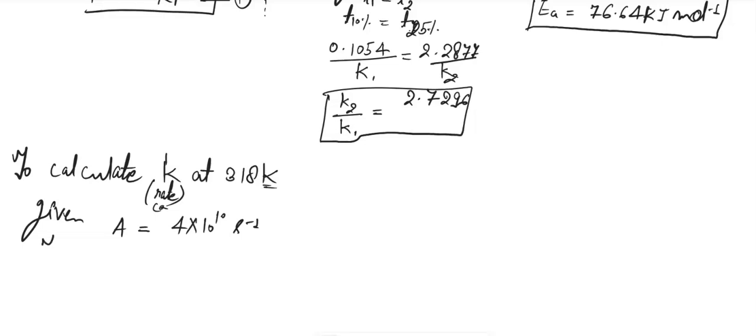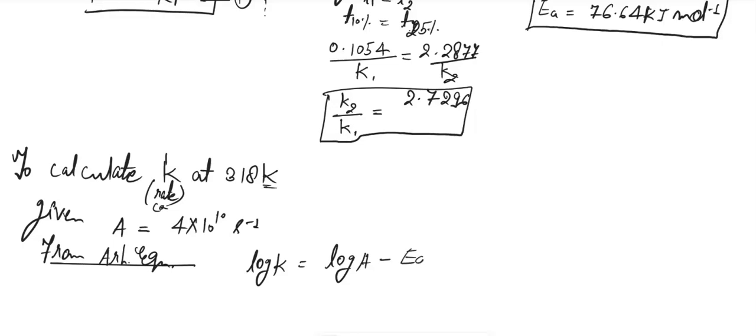So from the Arrhenius equation, you people are aware that the Arrhenius equation in terms of log can be written as log K equals log A minus EA upon 2.303 RT.